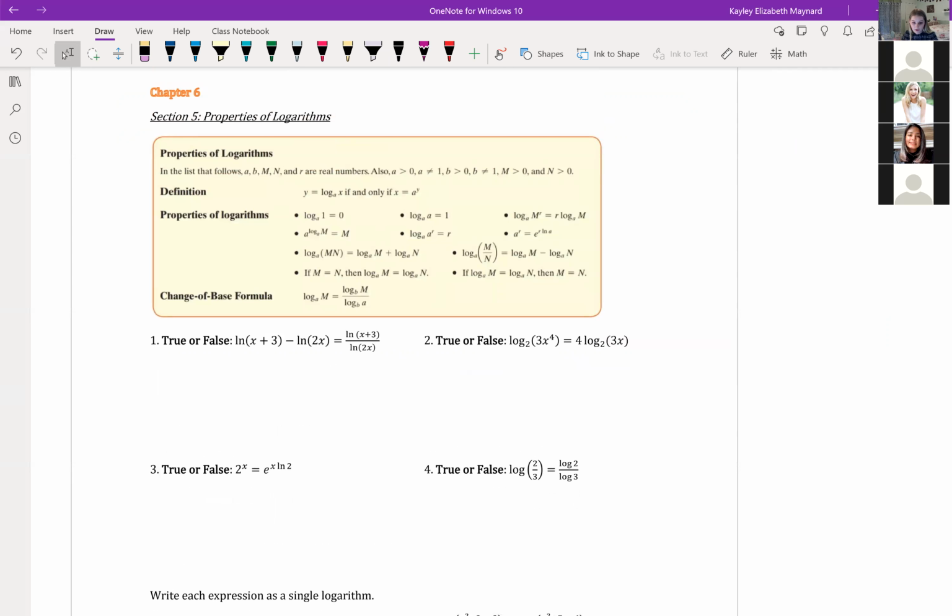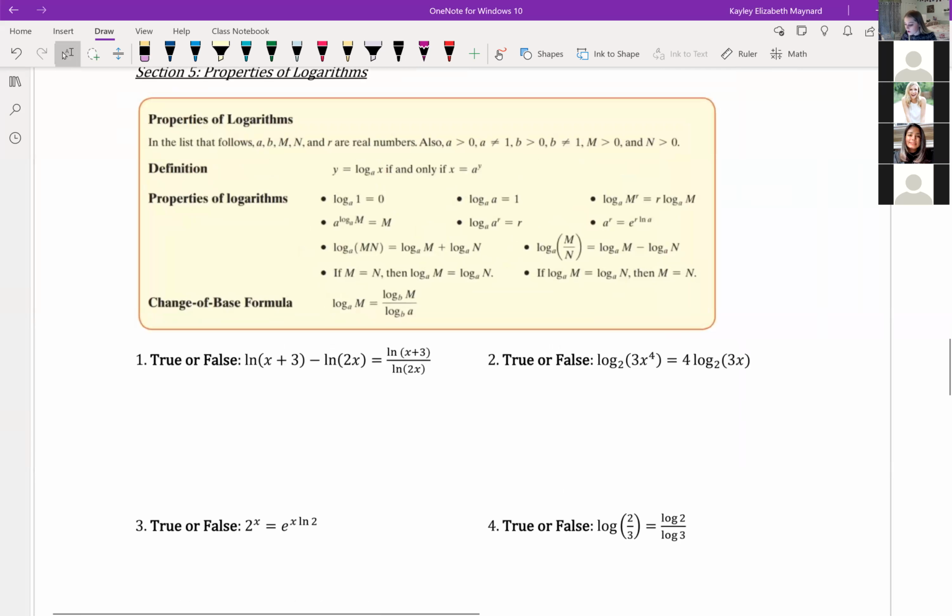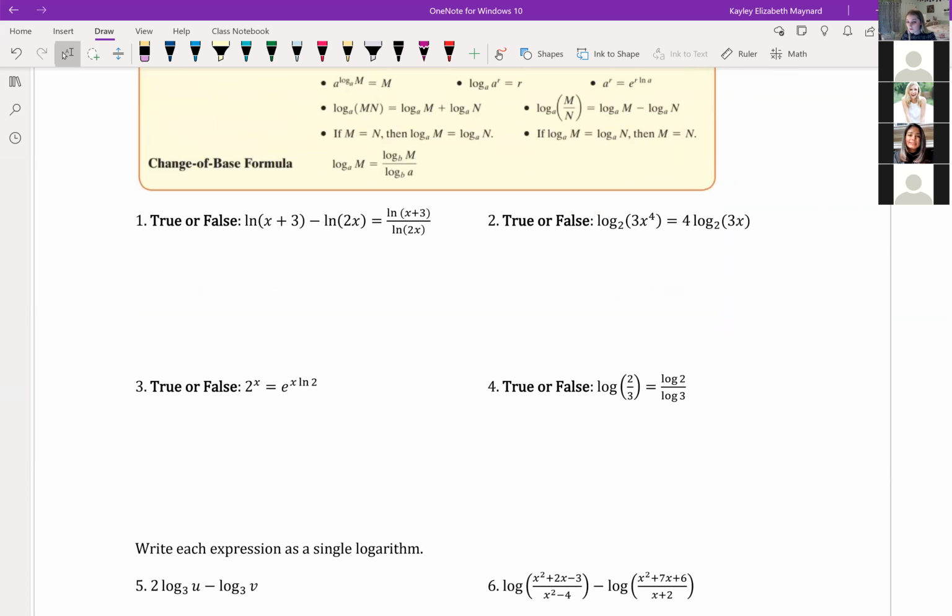So first of all, I put at the top of the page some of the properties. This I just took straight from the book. So you'll probably find this in your notes or in the book. So I put that on here as a quick refresher of everything that we know. And then I have, I think, 4 true or false questions. These true or false questions are just using those properties that are listed above.